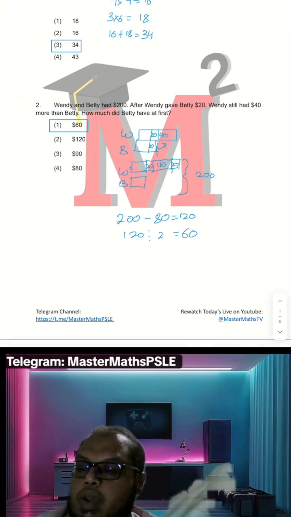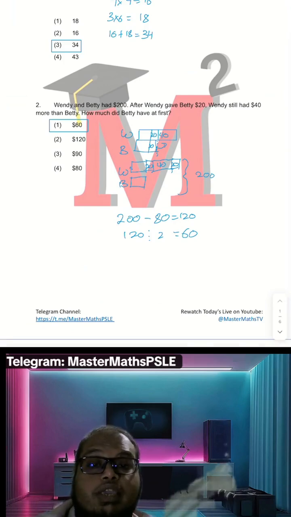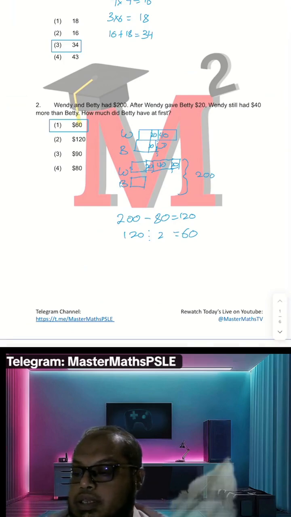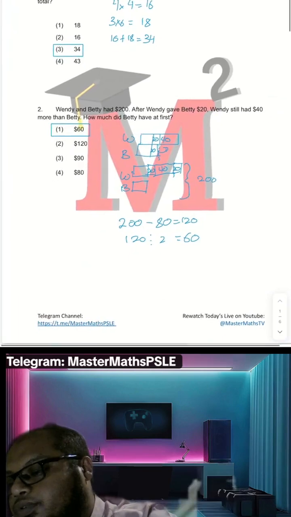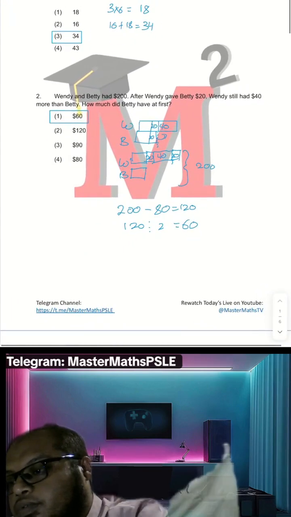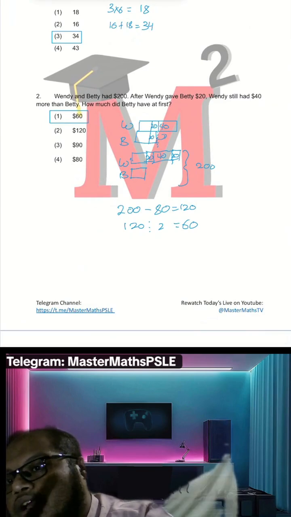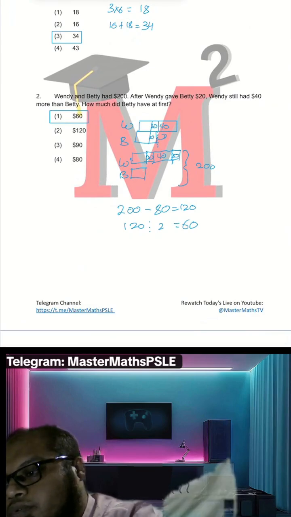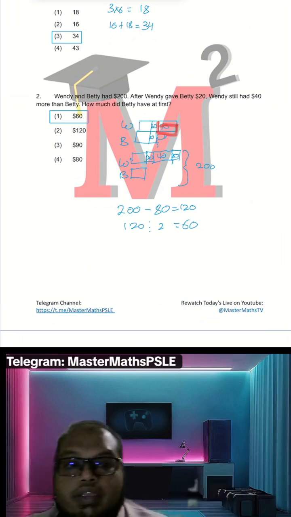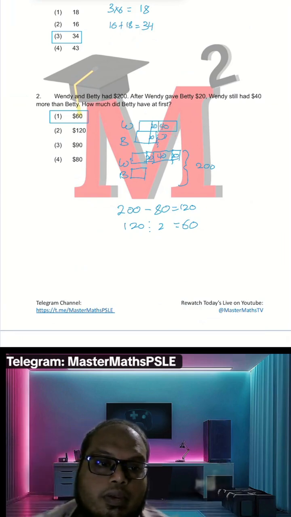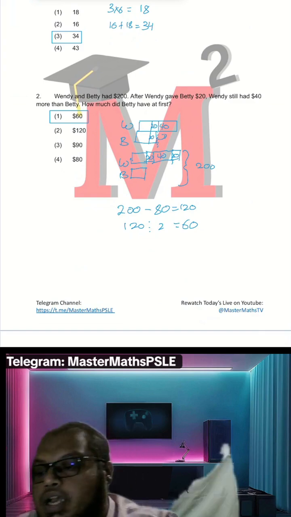Okay, then the next one, this one is the one where I mentioned about working backwards. So we started off from here, right? You see that initially got this 40 more, and then after that, it takes out 20.